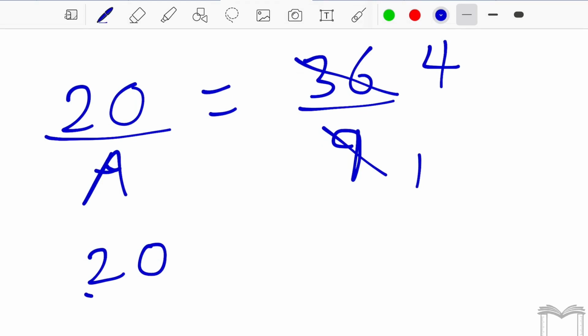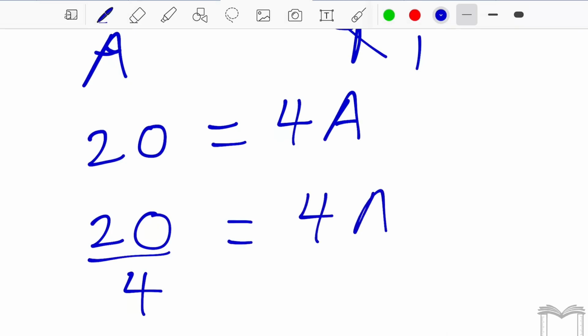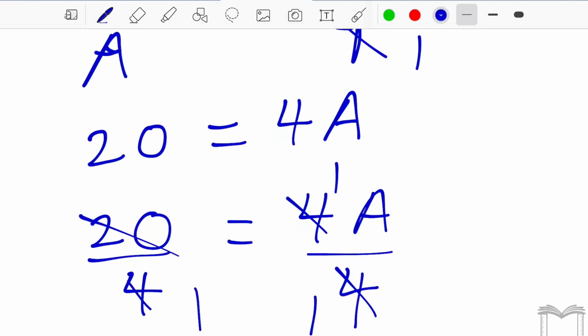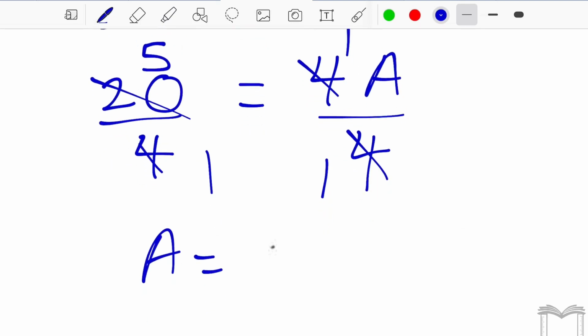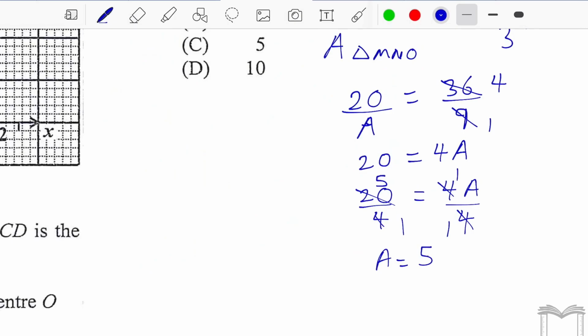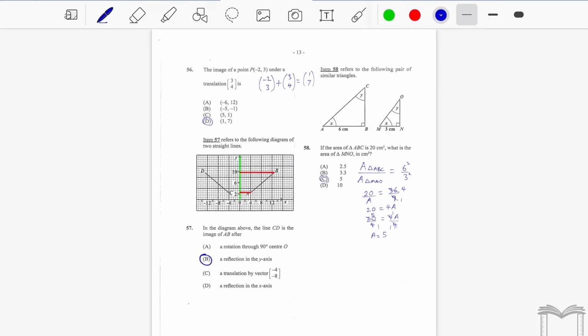Okay, let's carry across the A first. 20 is equal to 4 times A. Now we'll carry across the 4. So the 4 is being multiplied, so now it will be divide, or we can say 20 divided by 4 is equal to 4A divided by 4. 4 into 20, 5. So A is equal to 5 centimeters squared. So the answer is C.